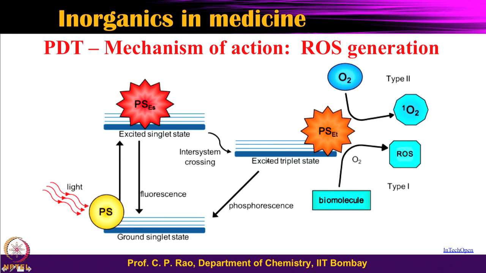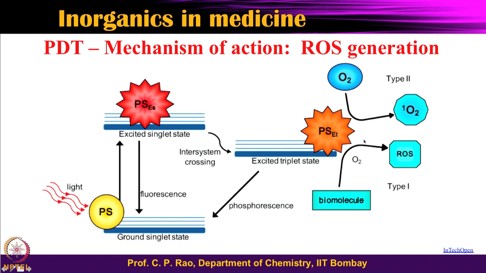From this triplet state of your molecule, you can get light, which is a phosphorescence, that can activate the oxygen from the biomolecule to create ROS. It can activate O2 and create singlet oxygen. So, all of these are being generated. So, the type 1 conversion, type 2 conversion, all of these.